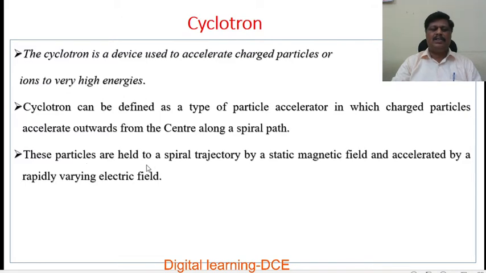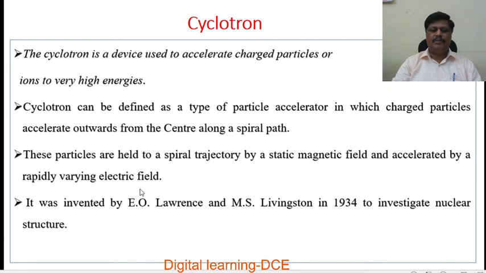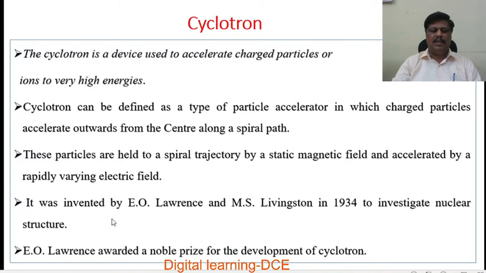This cyclotron was invented by E.O. Lawrence and M.S. Livingston in 1934 to investigate nuclear structure. E.O. Lawrence was awarded a Nobel Prize for the development of the cyclotron also.